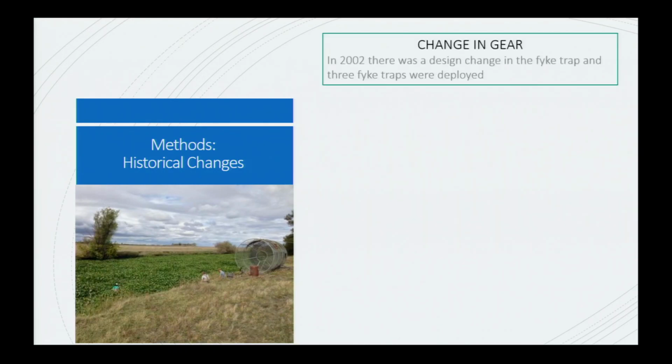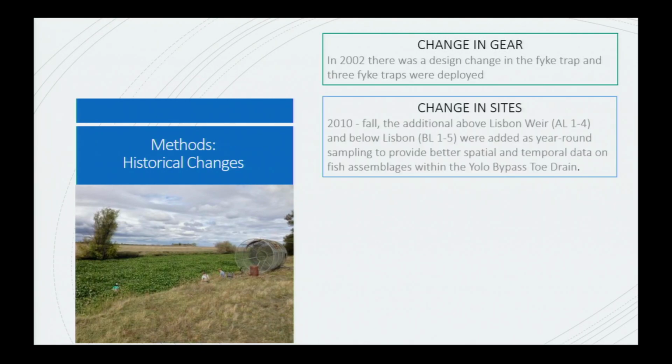So a couple of examples of things you want to describe are any changes in gear. You might change the types of gear, the sensors on them, or how many of a sample you're doing. Changes in sites. So if you have added sites, taken away sites, or maybe slightly moved them, you want to record any new lat lons and talk about any sites that maybe are the same but have different names, those kinds of things.